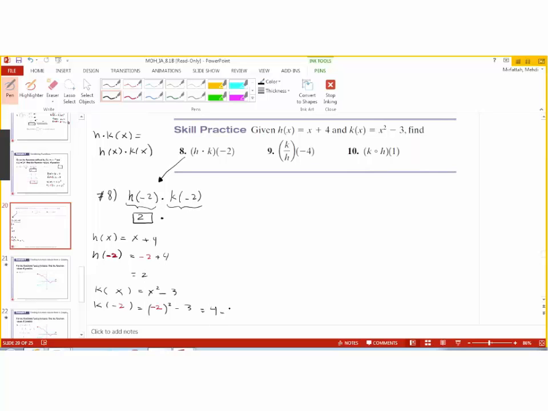Negative 2 squared would be 4, right? 4 minus 3 would equal 1. So k of minus 2 is equal to 1. So 2 times 1 is equal to 2. So that would be the value of this. Okay, very good. Good job, Ivan.